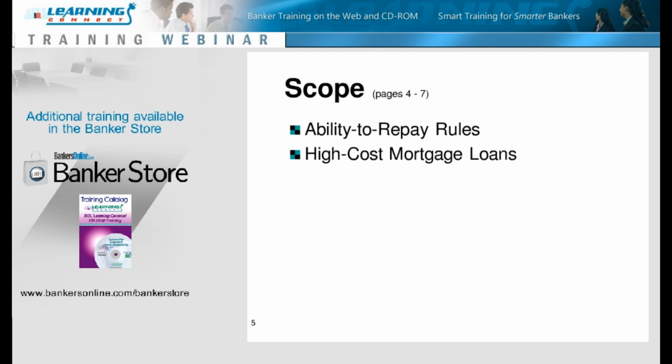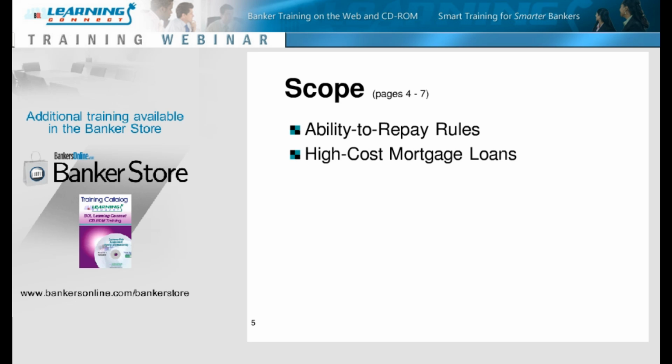So the HELOCs that aren't covered under the Ability-To-Repay rules can possibly still have repayment ability requirements if the HELOC is a high-cost mortgage loan as defined under .32 of Reg Z, shown on page 6 of your manual.